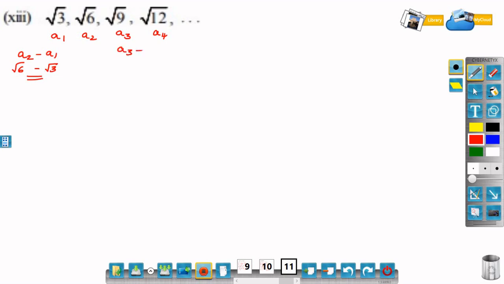Then A3 minus A2. Root 9 minus root 6. Root 9 is 3 minus root 6, we can't simplify further. So A3 minus A2 is 3 minus root 6. Next A4 minus A3 is root 12 minus root 9. Root 12 we can write as the product of a square number, that is 4 into 3, minus 3.